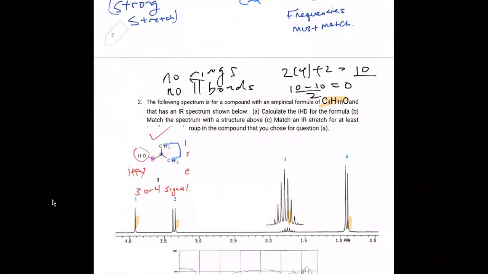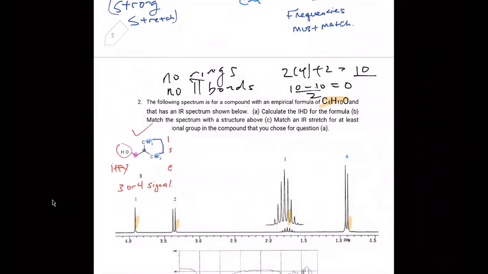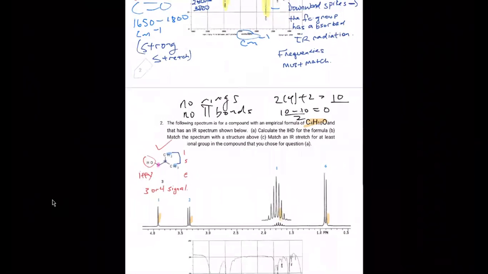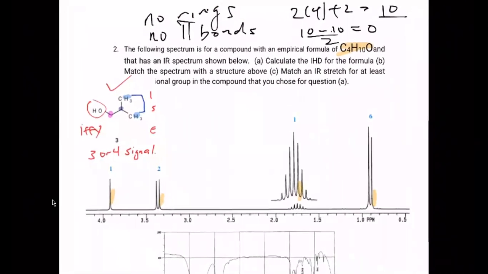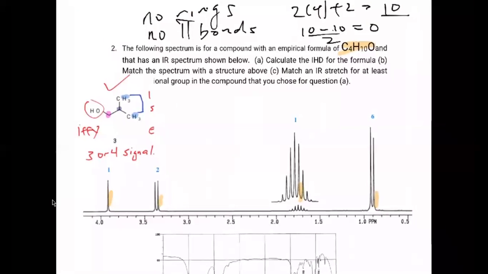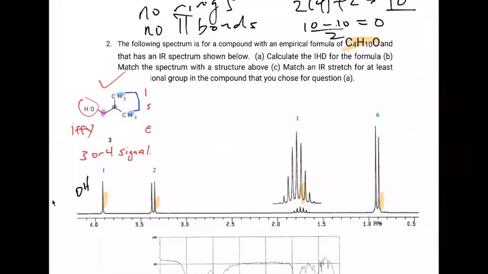All right. So we said it would be 3 or 4 signals, depending on if the OH proton showed up. And I think for this one, the OH proton did. It is showing up, so that's gonna be right here. Sometimes it shows up, sometimes it doesn't.